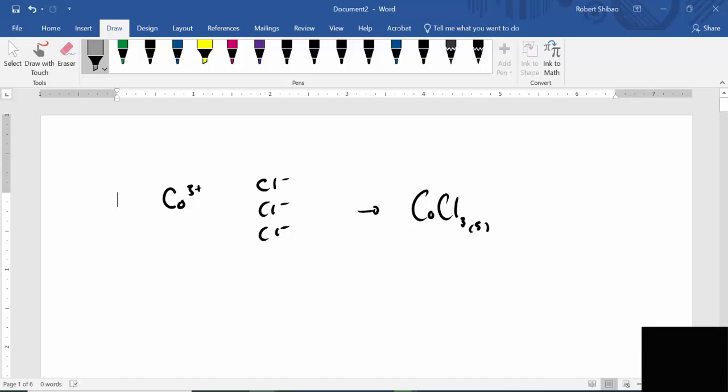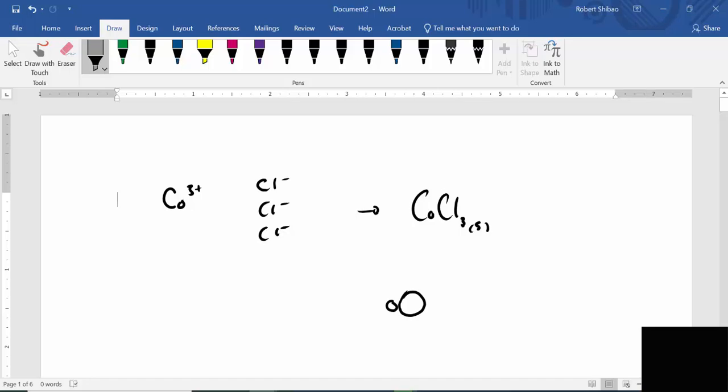I'll draw out a cobalt, and is a chlorine bigger or smaller than a cobalt? So if I draw out 2 atoms like this, which one would you suspect would be the cobalt, and which one would you suspect would be the chloride? Cobalt 3 plus and chloride minus.